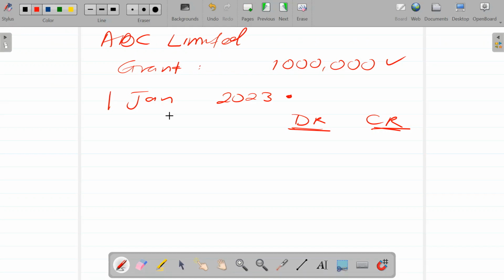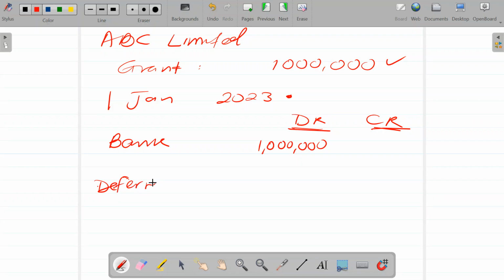So you debit the asset account, then you credit the grant. So you debit your bank. The money has hit your bank, isn't it? Then the credit side, that will be the grant.